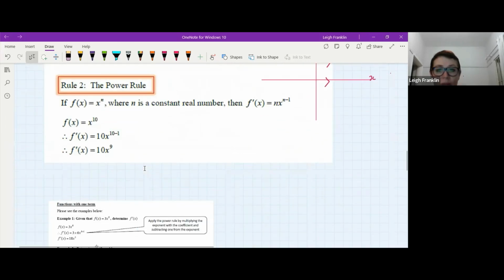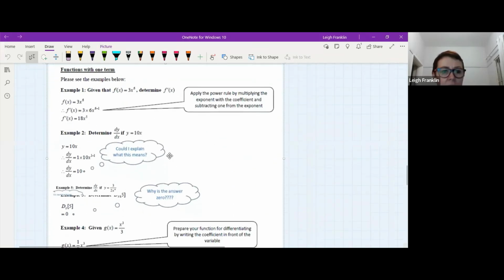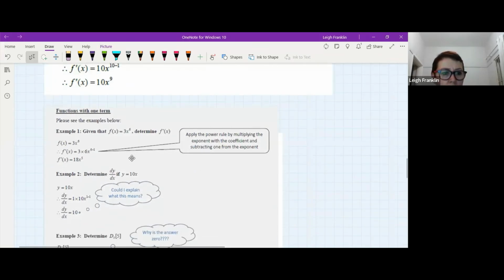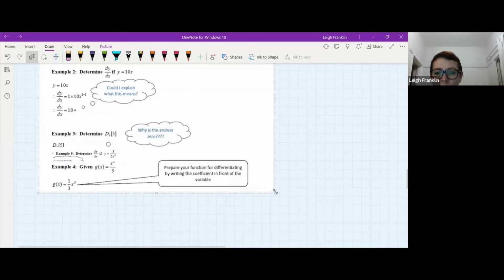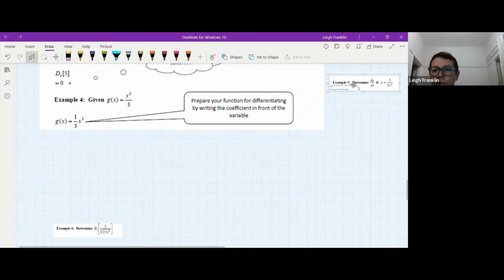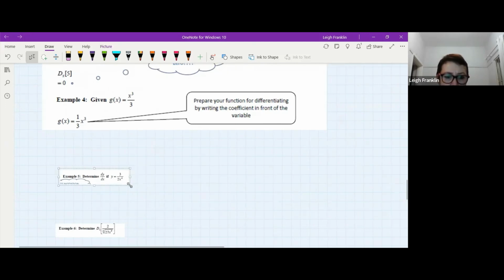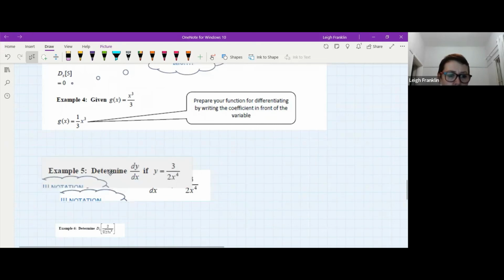Where are we? Okay, so there we are. Functions with one term, I mean, we've got to start somewhere, right? So that's why we would start with something. Why is that there? Oh, I think because that was something that was a little bit further on. Okay, so functions with one term are really very simple, and I'm sure you would get that in a class test or in a control test.